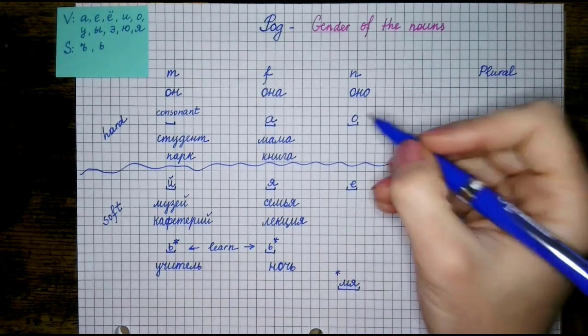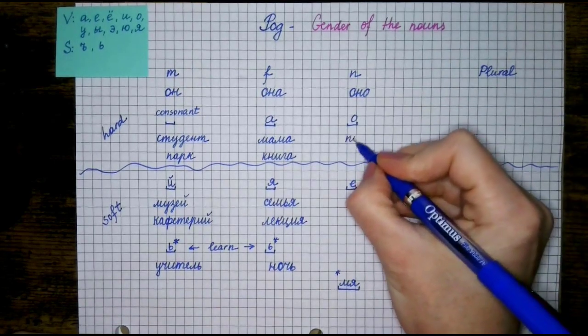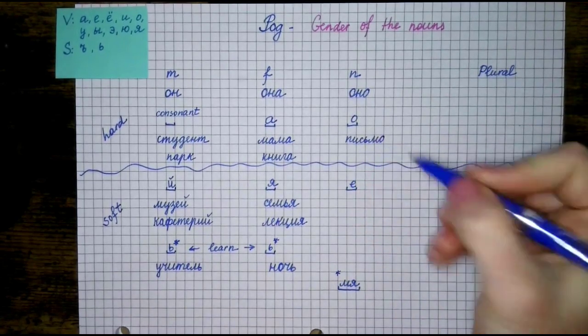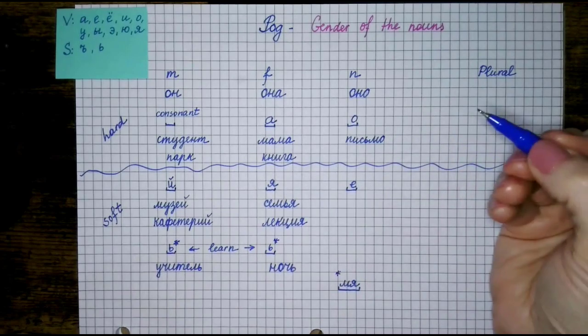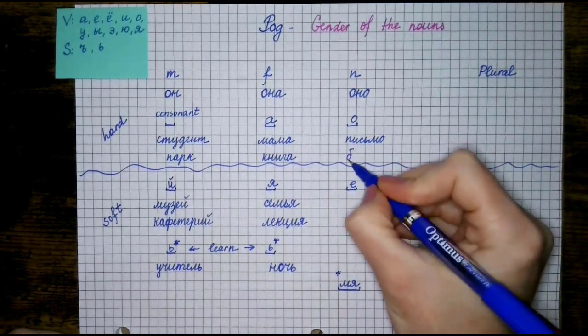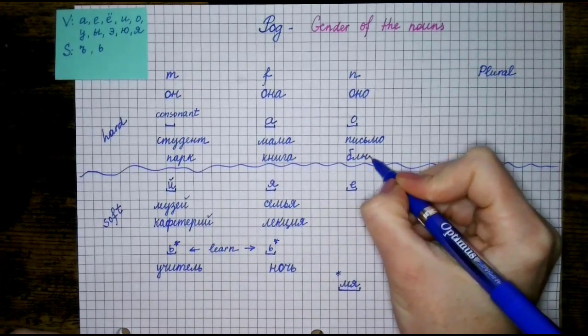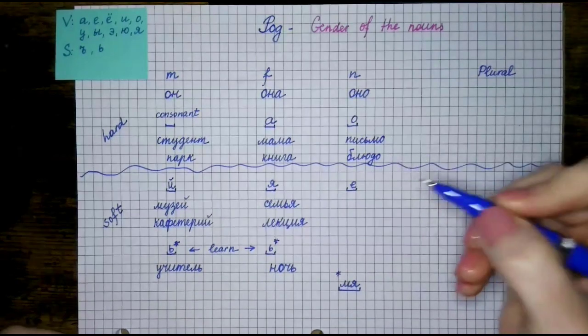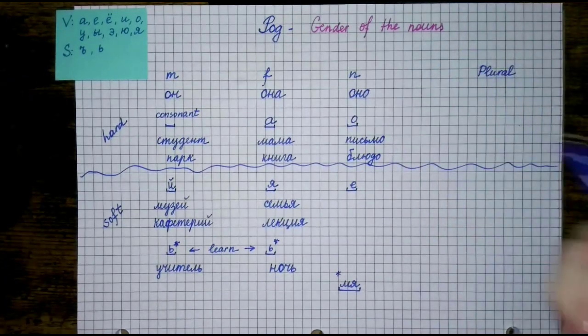For neutral, let's write the word письмо, which means a letter that we write. And another word will be блюдо, which means a dish like an actual plate or a dish in a specific cuisine.